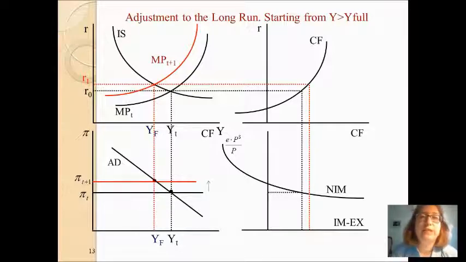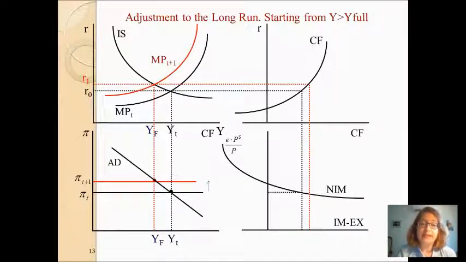So here, for instance, Y is bigger than Y full, and that's an indication that in the long run inflation will increase. So if in the short run we are in an equilibrium of Y bigger than Y full, what will happen? In the long run, inflation will start to rise. That's an increase in the IA curve.